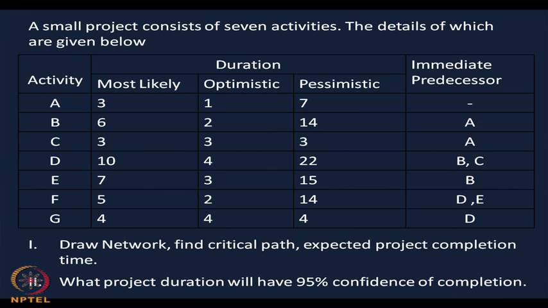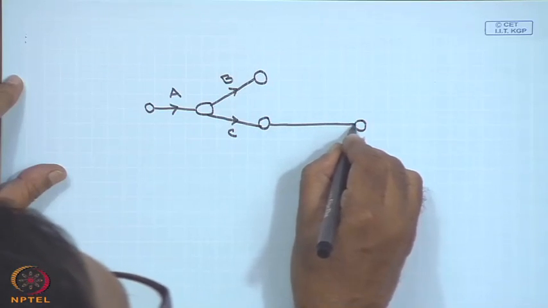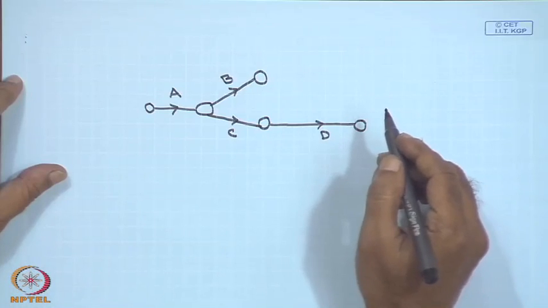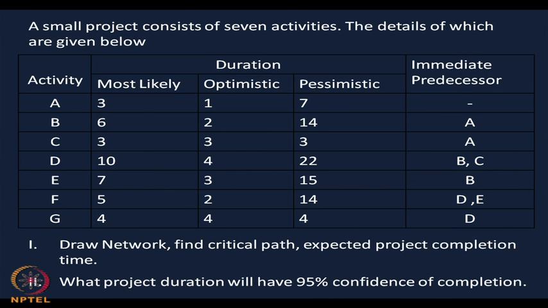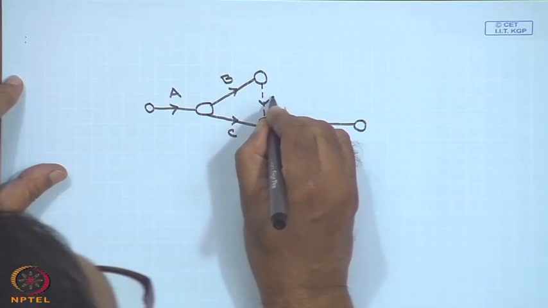Next you see D, the project completion time is D, and for D, what are the predecessors? Immediate predecessors are B and C. For D, you see, immediate predecessors are both B and C. So, here you have to now draw one dummy activity, say D1.